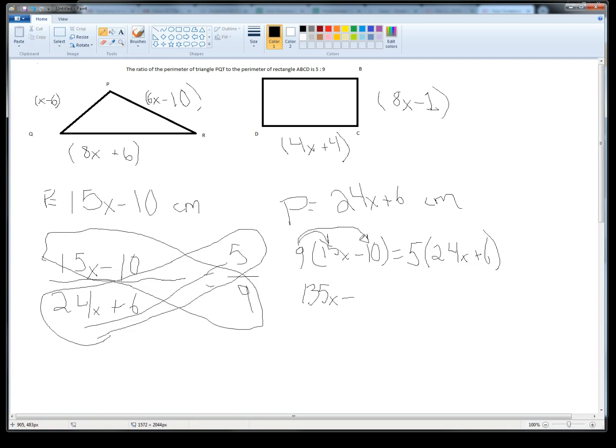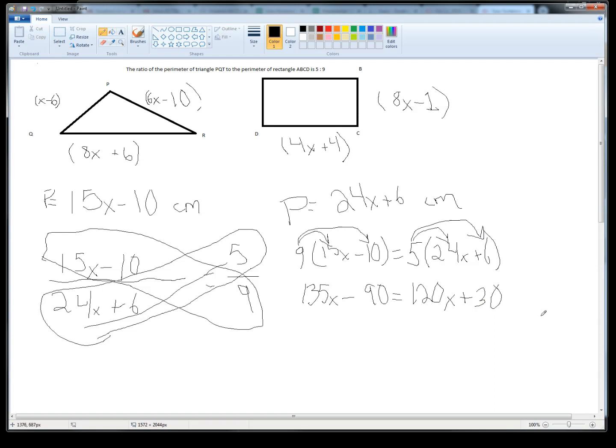Distribute the 9 to the 10, and you have 135x minus 90 is equal to, so now we're going to distribute the 5 to the 24. And we end up with 120x. Bring down that addition symbol. Distribute the 5 to the 6. So you have plus 30.